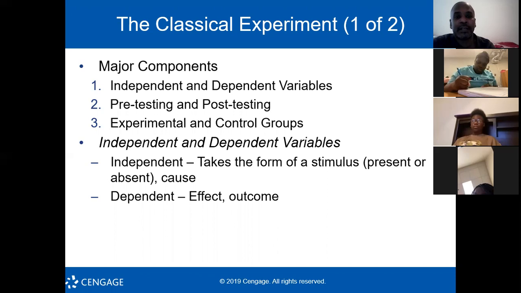So for experiments, to be able to measure the effect of the variable, we need to be able to study people's level of prejudice before they're educated. We're going to introduce this variable of education, and we're going to observe what the level of prejudice is after that.